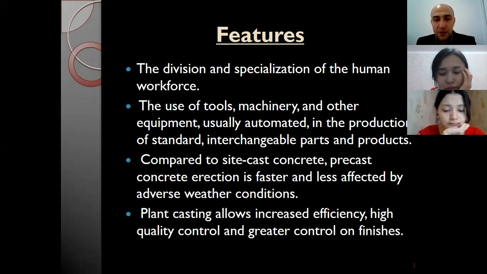Because it can be seen as a really expensive construction, but at the same time it's not in this case, because the savings from using this method of construction are greater than the expenses.